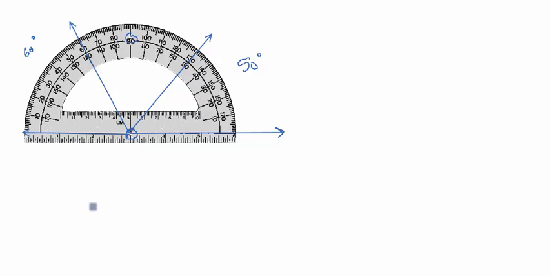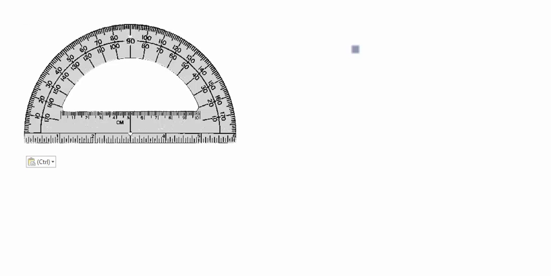And you'll see in the video, you can actually see somebody measuring. The same thing works if you're asked to draw an angle of a certain measure. You could use your protractor. If I want to draw an angle that's 57 degrees, I'm going to draw a ray and line it up with my 0 mark like that.